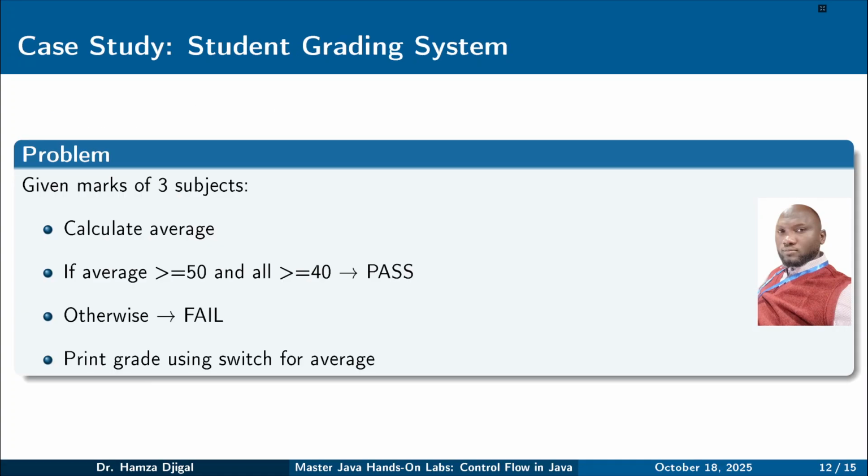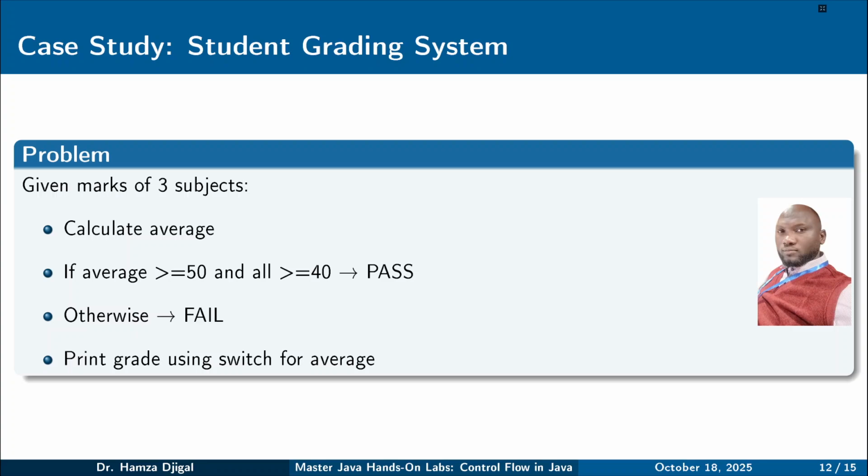Okay, so now we are going to do our practice. We assume that we have a student grading system. Now we give, for instance, 3 marks for a subject. We want to calculate the average of these marks. Then if the average is bigger or equal to 50 and all of them are also bigger than 40, we say pass, otherwise fail.